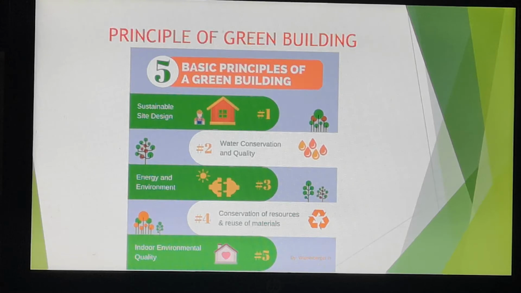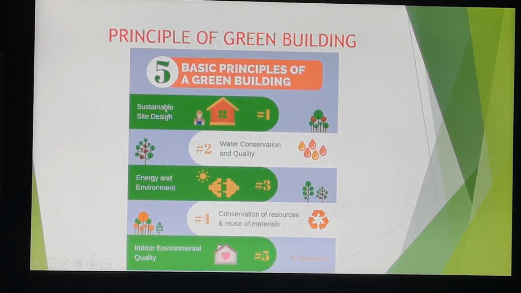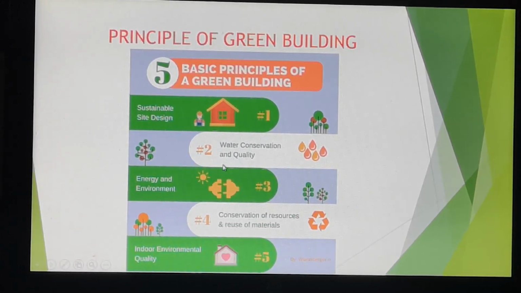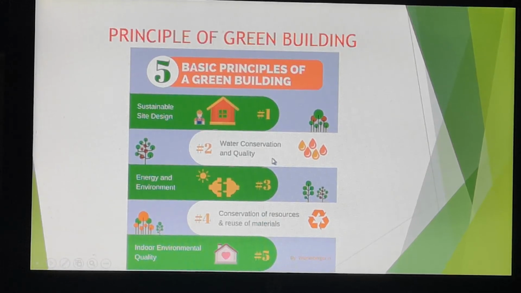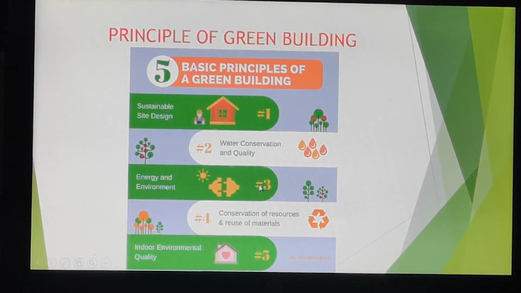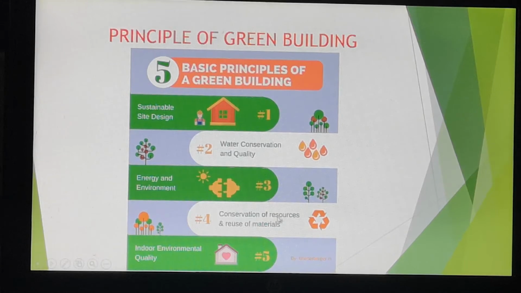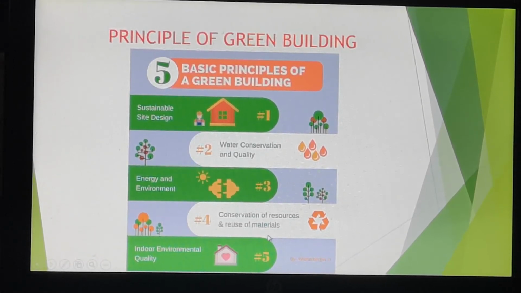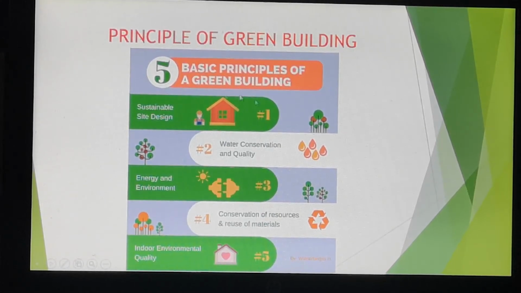The first is sustainable site design, and secondly, water conservation and quality, and also energy and environment. The fourth is conservation of resources and the use of materials, and the last one, number 5, is indoor environmental quality. So for the next slide, I will explain more about each of the principles of green building.